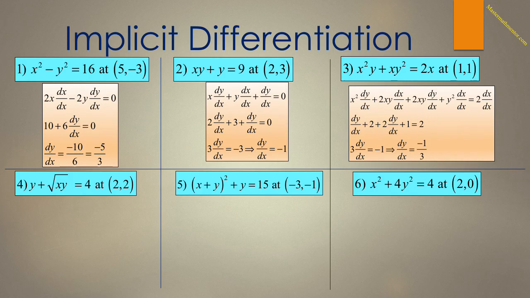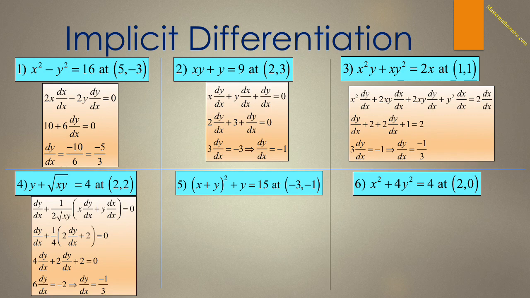So we get x squared dy/dx plus y times 2x dx/dx, plus 2x times 2y dy/dx plus y squared dx/dx, is equal to 2 dx/dx. Since dx/dx is equal to 1, we get dy/dx plus 2 plus 2 dy/dx plus 1 is equal to 2. And that gives 3 dy/dx equals -1, and dy/dx is equal to -1/3.